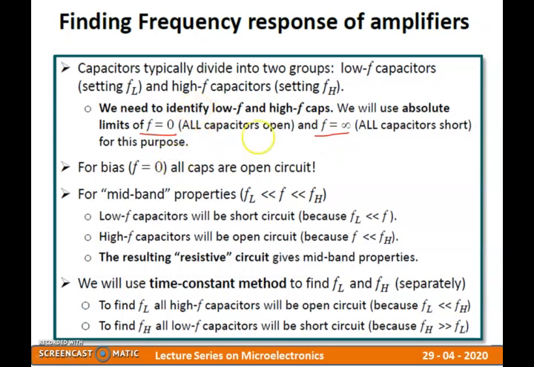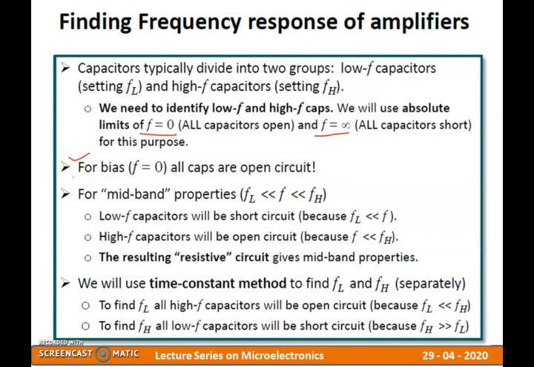which frequency. Now for biasing, please remember, this is one of the concepts repeatedly asked in many competitive exams. For biasing, what would be the values of capacitances when you deal with the frequency response of amplifiers? When you do biasing, what sort of voltage are you applying?